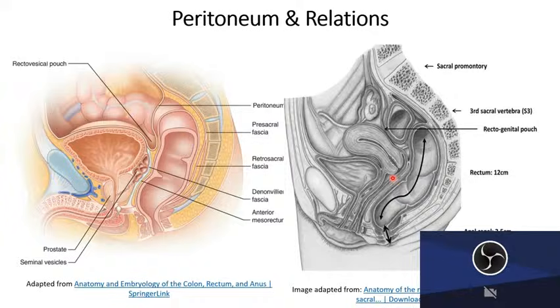Then on the other part of the rectum, you can also see the vagina, related throughout the length of the rectum anteriorly. And for the male, like we mentioned earlier, the upper part of the base of the bladder will be related to the peritoneum.